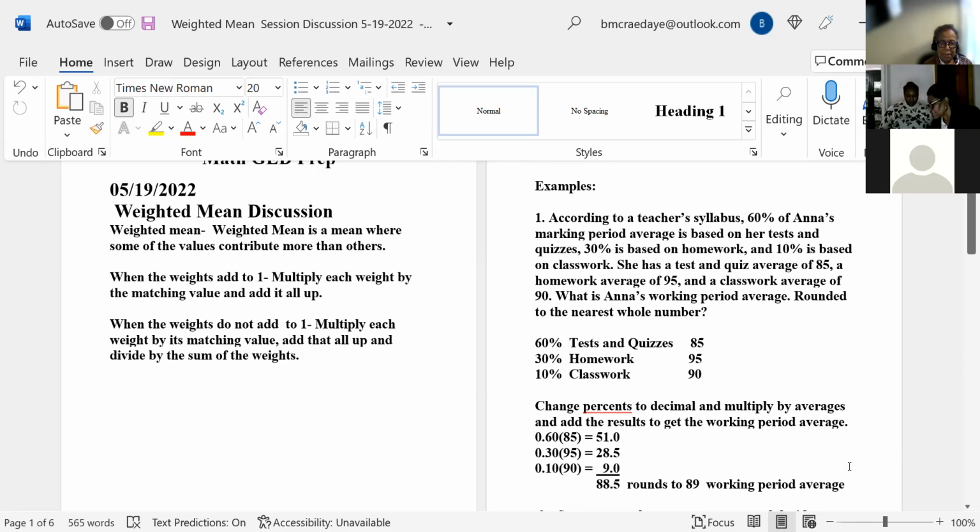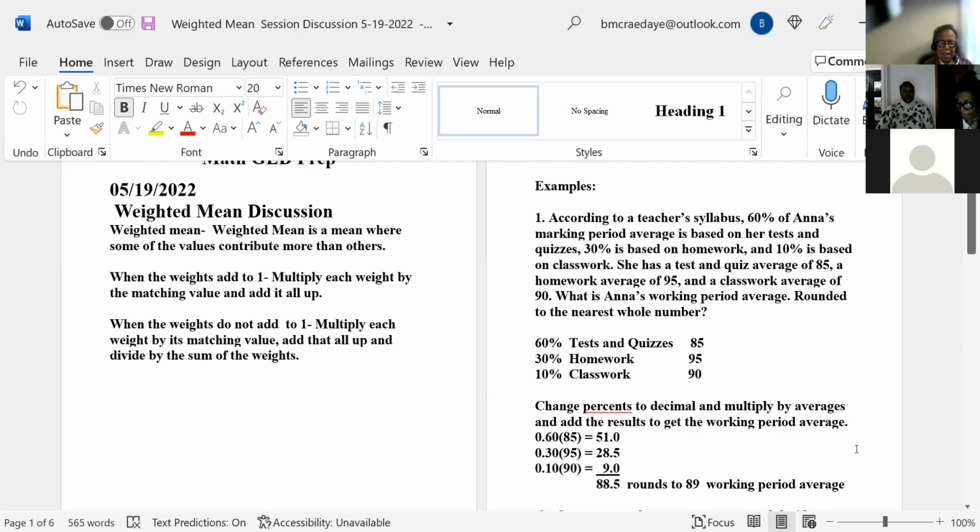Got it? Any questions on the difference in mean and weighted mean? So you're saying I change percents, and I could multiply 0.60 by 85 to get 51.0?